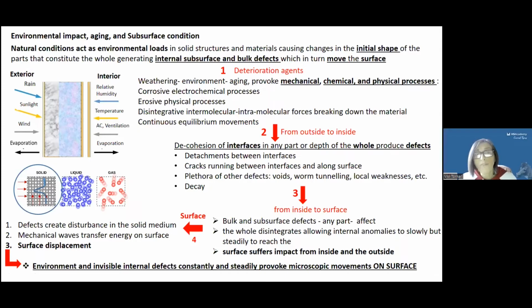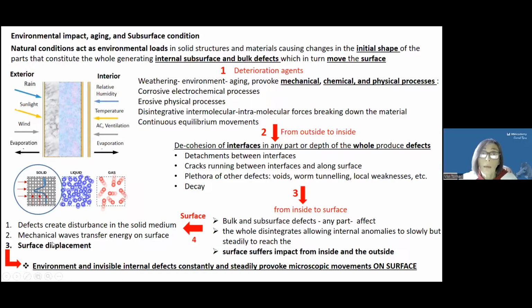In order to affect the surface means that it has the power to give impulse, to transfer energy on the top of the artwork, on its surface. So very small defects may have an impact on the surface.